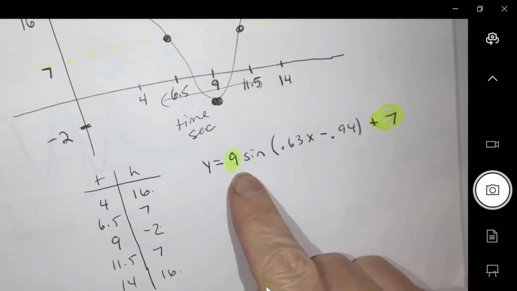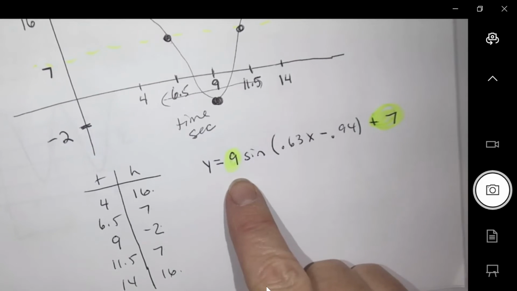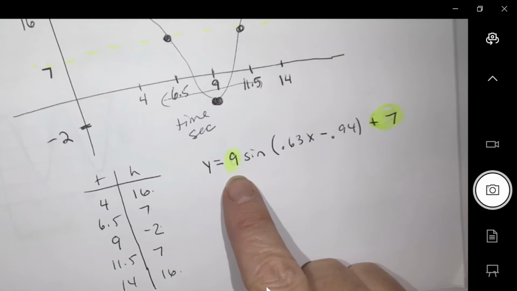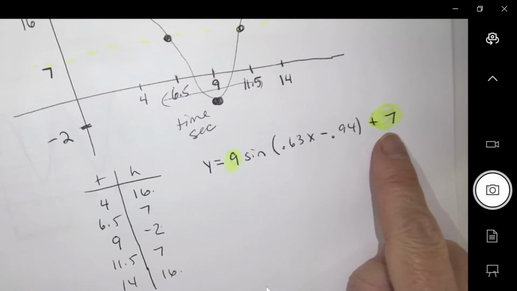Why is this 9? Because it's the mid, right? So if I ever ask you, if this is the equation, what's the diameter of the wheel? 18, right? Because 9 is the half. 9 is like a radius of a wheel. 7 is where you are in the middle, right?